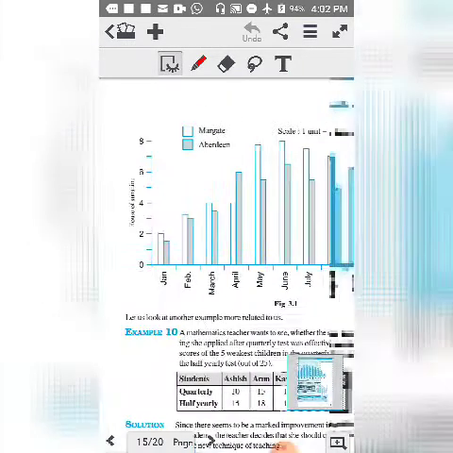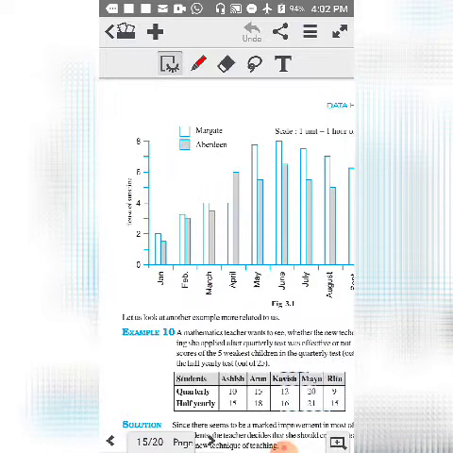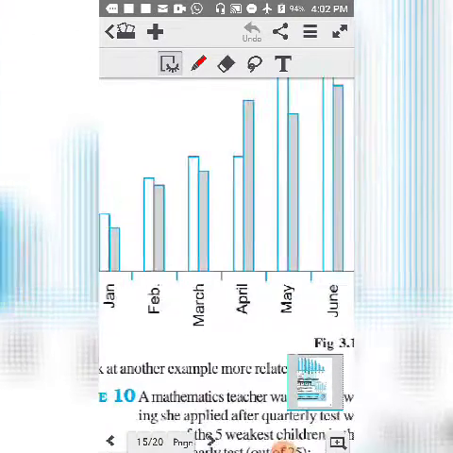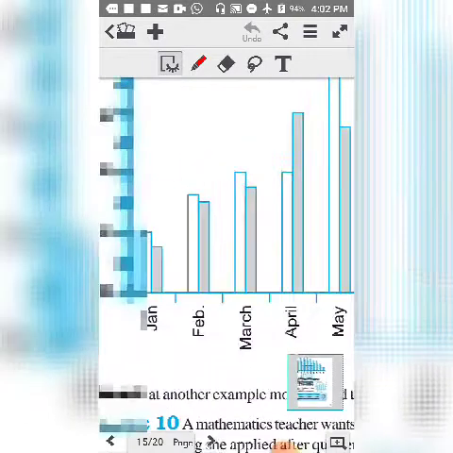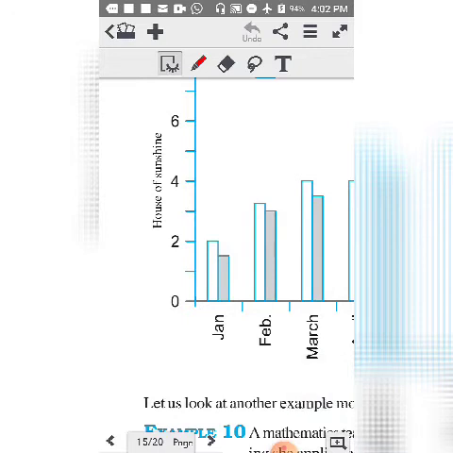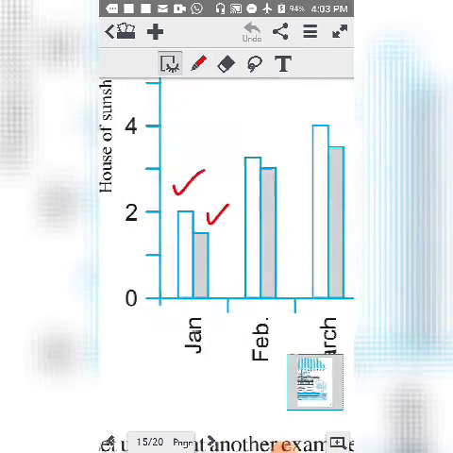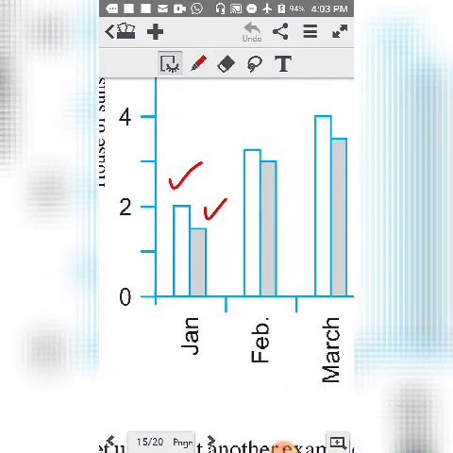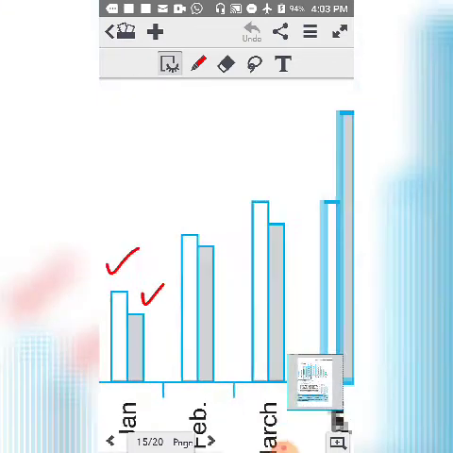Now some bar graphs are single, whereas some bar graphs are double. You can see this is a double bar graph because there are two rectangles in each. These are months shown. In January there are two rectangles shown, so this is a double bar graph. You are comparing two things at a time.